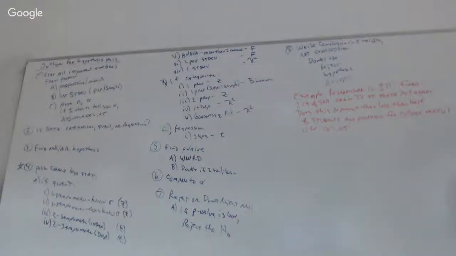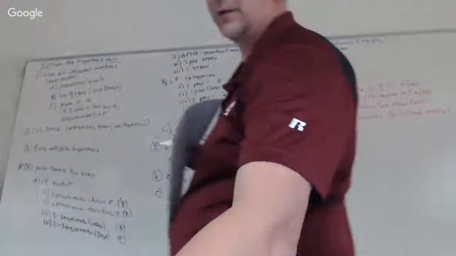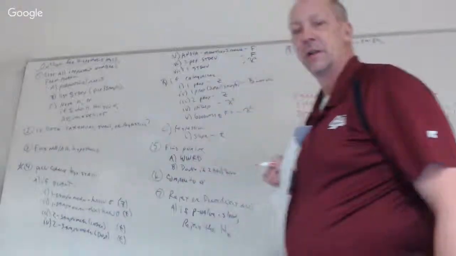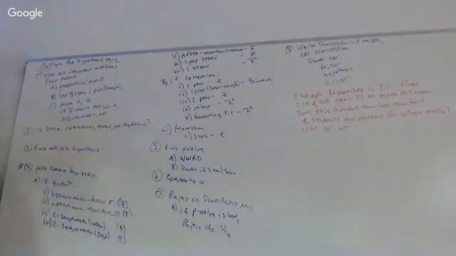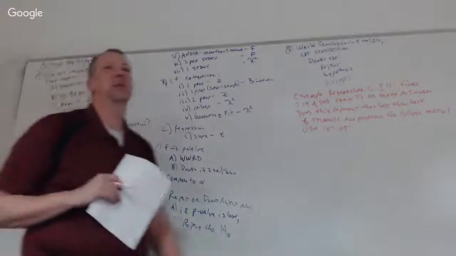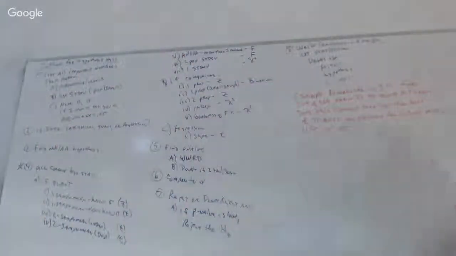All right, so that even fits on there on this camera, that's good. Well, you guys can't see what I'm doing here. You got to make sure that I'm sharing properly. All right, so let's go through the steps. Step number 1, list all the important numbers from the problem. Are we talking about proportions or means in this problem?